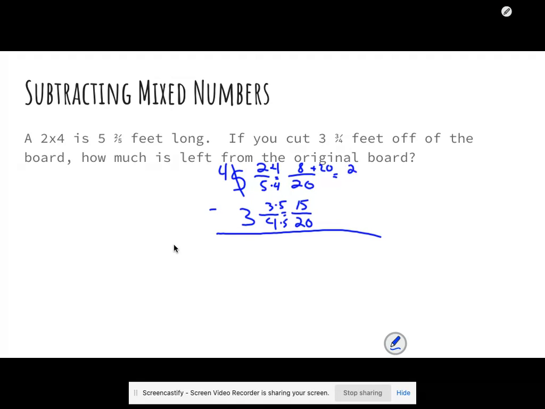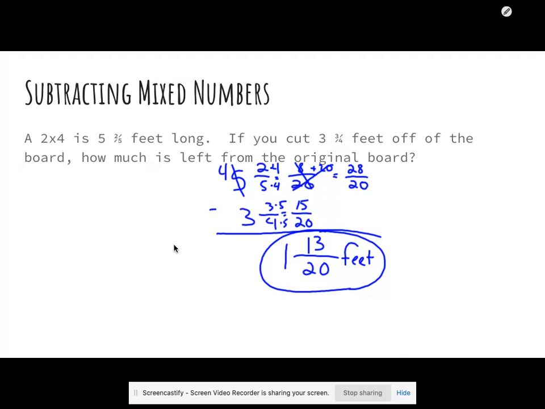So I'm going to end up with 28 over 20. So I'm going to cross that out so I'm not looking at it anymore. Subtracting 28 subtract 15 is 13 over 20. And then 1 and 13/20 feet would be my final answer.